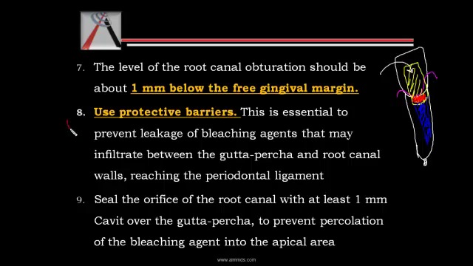So this is the next step after we have cleared the cavity of the gutta percha, the use of protective barriers. So seal the orifice of the root canal with at least 1 mm over the gutta percha. This is to prevent the percolation of the bleaching agent into the apical area.